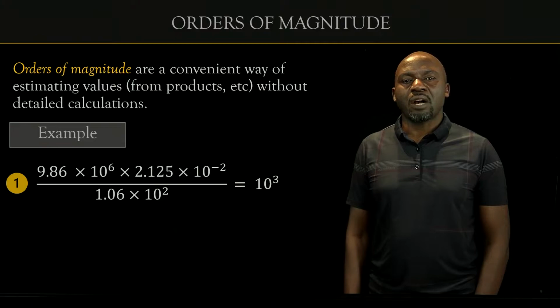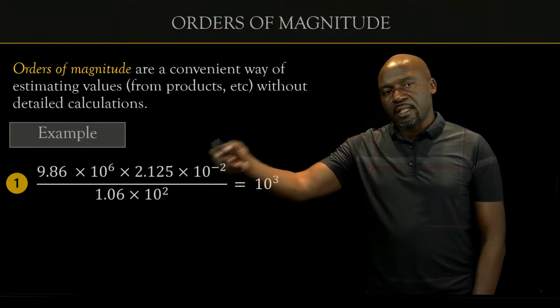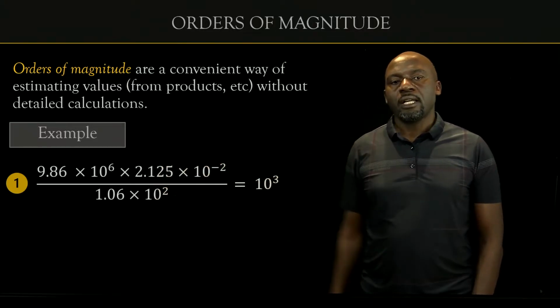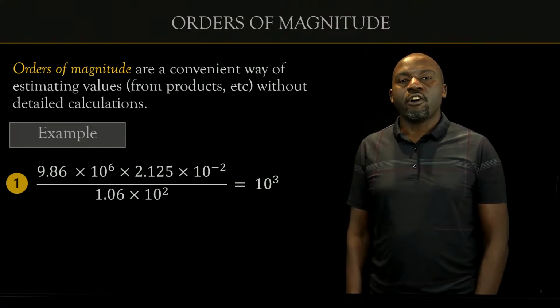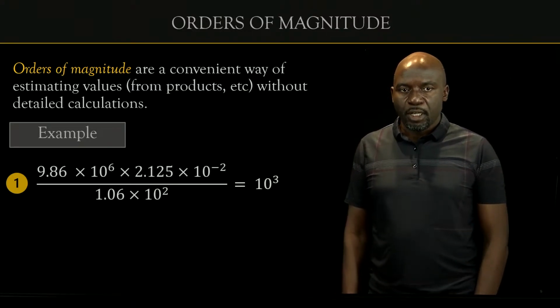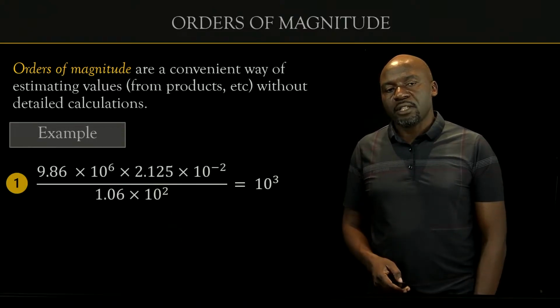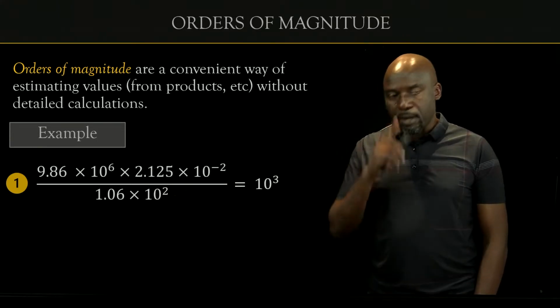So then the question is, how did I arrive at that quickly? So approximately, the answer to this expression here is going to be approximately 10 to the power of 3 in orders of magnitude. The exact value is of course going to be different, but in orders of magnitude it is approximately 1,000. Okay, approximately 10 to the power of 3.